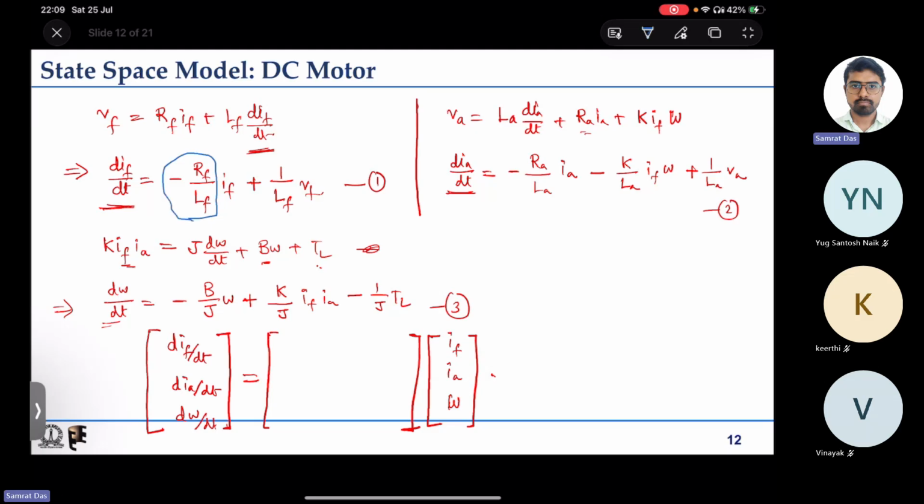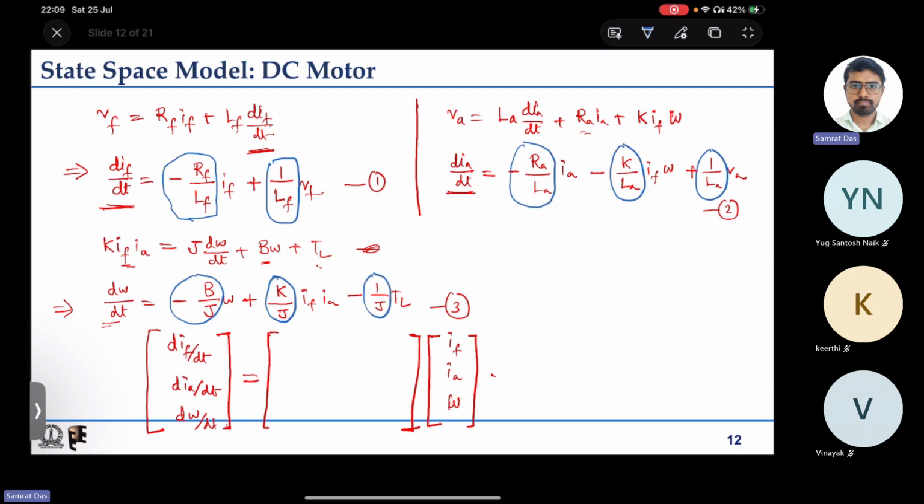This is also a constant quantity, because the field winding resistance and inductance values are parameters of the system and can reasonably be approximated to be constants. Again for the armature circuit, minus Ra by La, K by La is also a constant, and 1 by La is also a constant. For the third equation, minus B by J is a constant, K by J is a constant, and 1 by J is again a constant.